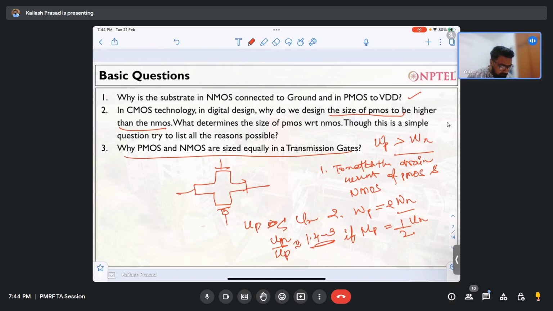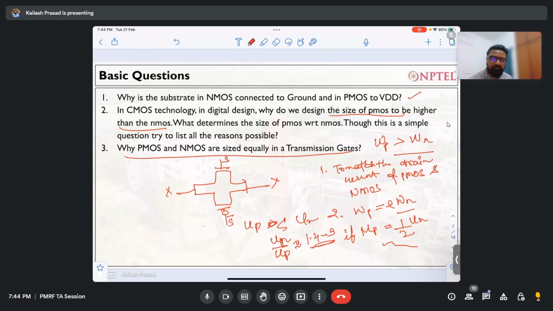If this is X, this will be also X, with select and select bar. So in a transmission gate, we try to size them equally. Why? There we are not changing W, or we are not making sure about this ratio. Anybody wants to comment?